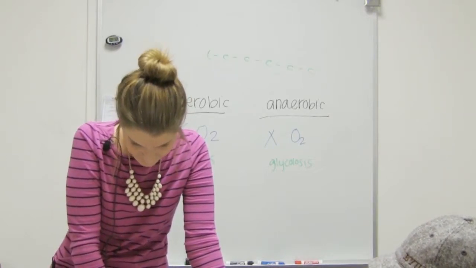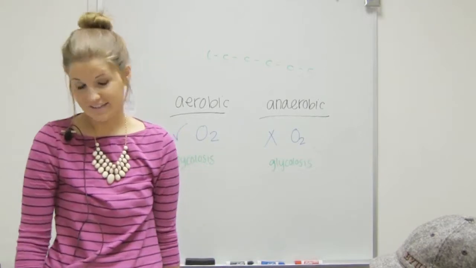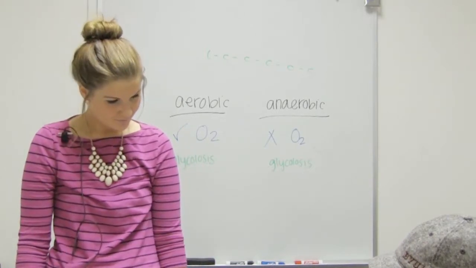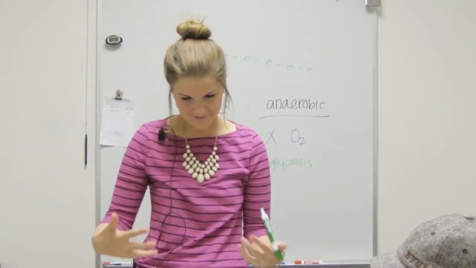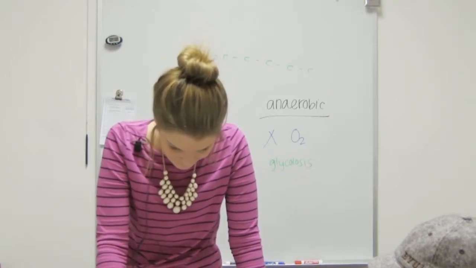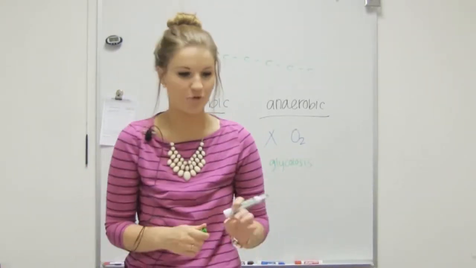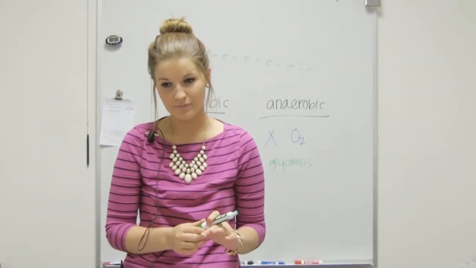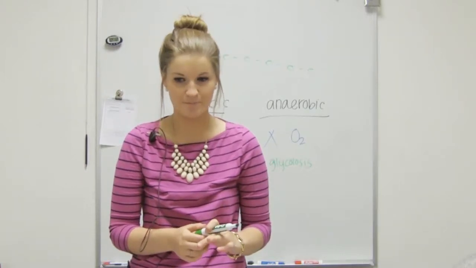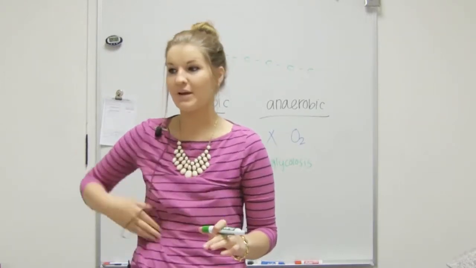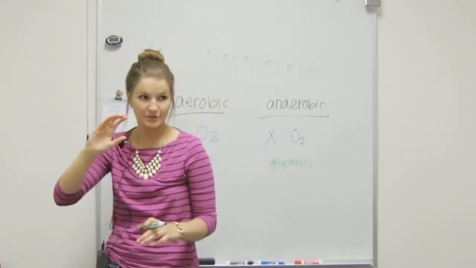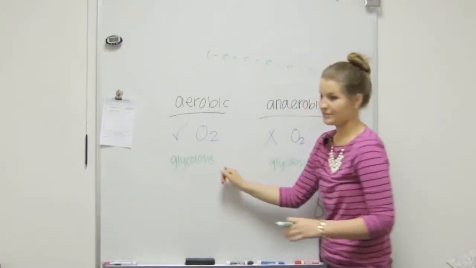They all talk about the same thing, just at different times or in different ways. Glycogen and glucose can go through glycolysis, because glycogen is just another form of sugar. You can make glycogen and then turn that into glucose, and then you send it through glycolysis.